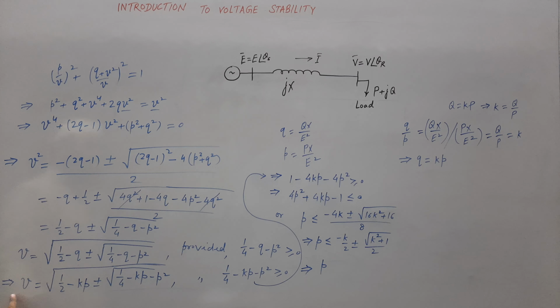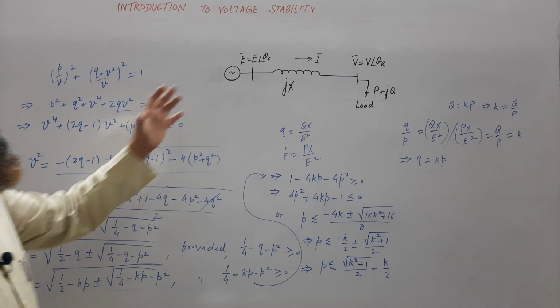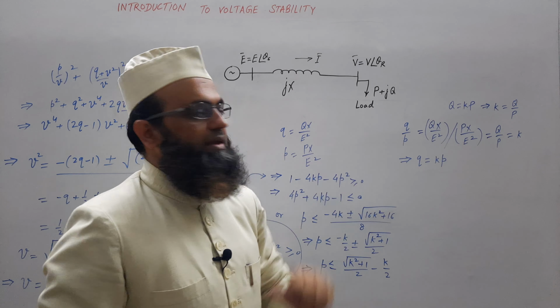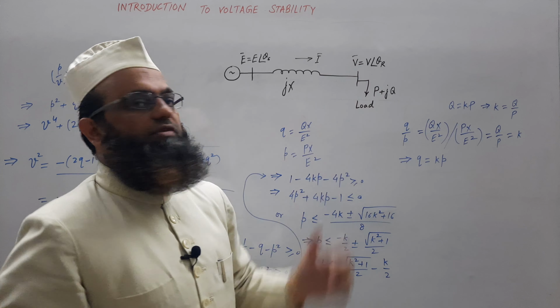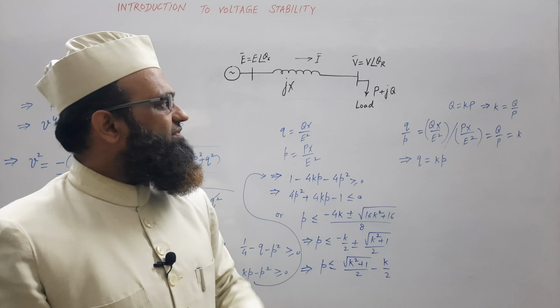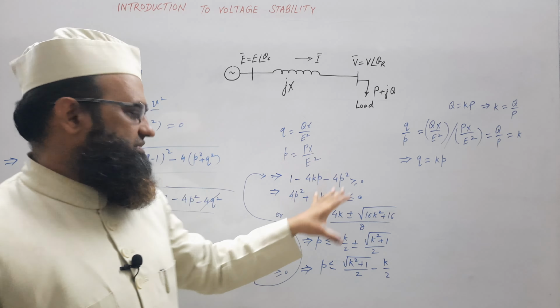So see this relation, connection between bus voltage and P. If P is going to be changed, so V will be changed, and vice versa. These are the relation. So from this expression we can conclude that there is one maximum limit of P to get real positive solution of V.